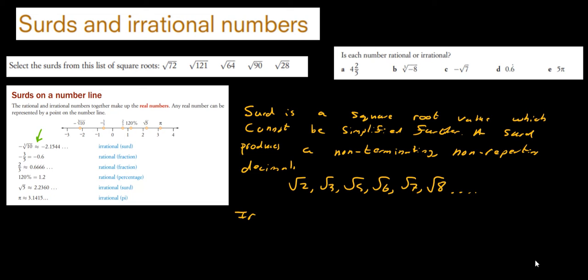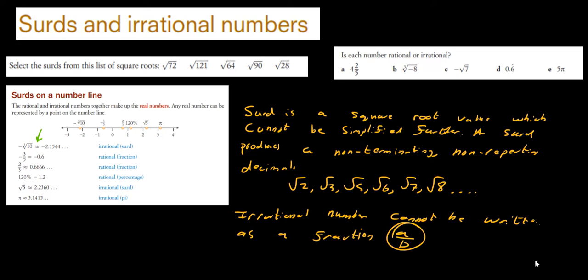An irrational number cannot be written as a fraction. That is to say, cannot be written as a over b.